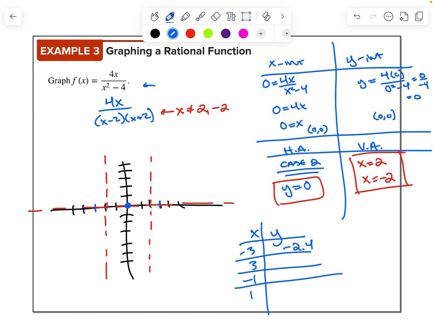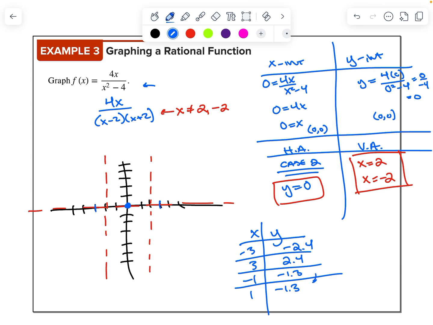If I do a positive 3, I get positive 2.4. If I do a negative 1, then I get negative 1.3. And if I do a positive 1, I get a negative 1.3.